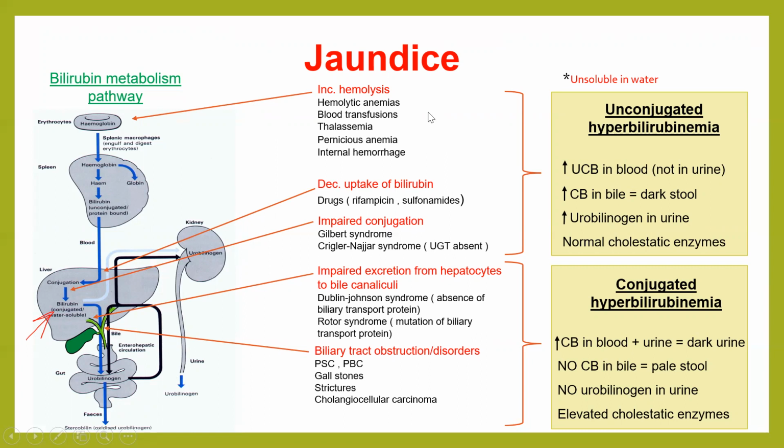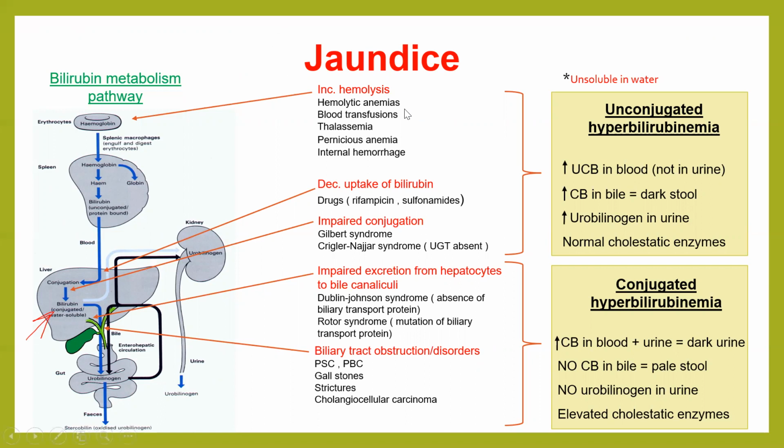So over here on this side is a big list of all the things that can possibly cause jaundice, or at least I've tried to include the most important causes of jaundice. So we're going to start with increased hemolysis. If you have an increased amount of bilirubin produced to begin with, we can have increased unconjugated bilirubin in the blood.